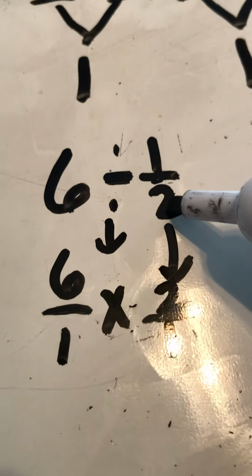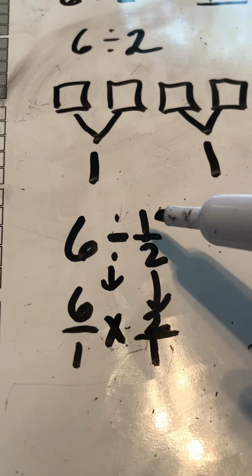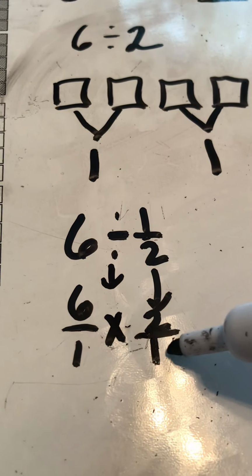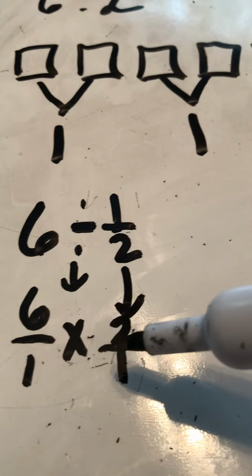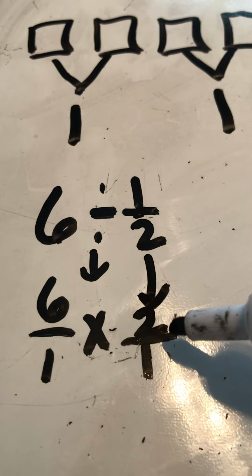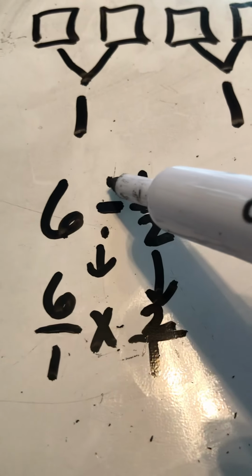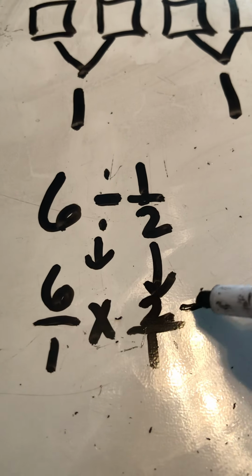So instead of the 2 as the denominator, the 2 is now your numerator. And instead of 1 as the numerator, it's now your denominator. So we literally just flipped it. And that word is called the reciprocal. It's a real math term. We're going to talk about more tomorrow. And this division sign just becomes a multiplication sign.